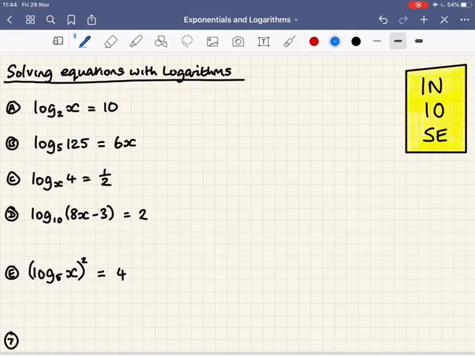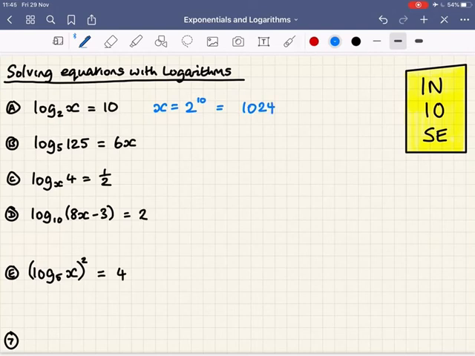Last but not least, you'll be expected to solve equations with logarithms using a similar mechanism as before, with changing subject and so on. In this case, we want an expression for x. X must equal, well, what did I raise 2 to the power of to get x? I raised it to the power of 10, so x must equal 2 to the 10, which off the top of my head is 1024.